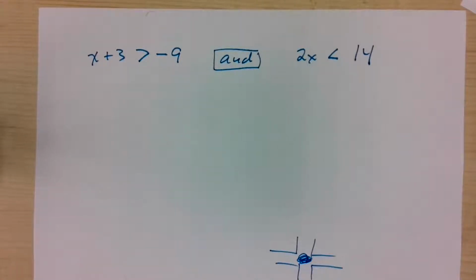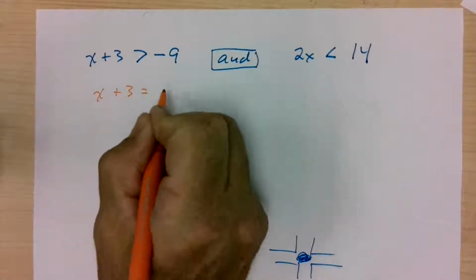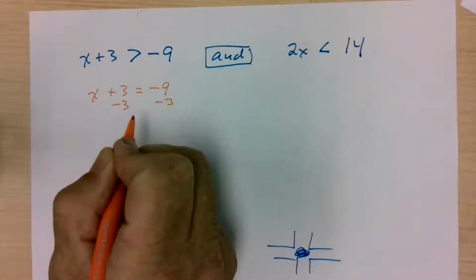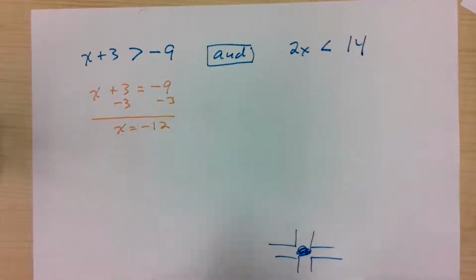So two cases. Case 1, x plus 3 greater than negative 9. Case 2, 2x less than 14. So I'm always going to first do an equal. So let me say x plus 3 equals negative 9. Let's add negative 3 to both sides, and I get x is negative 12. And then I want to shade where negative 12 is my cut point.